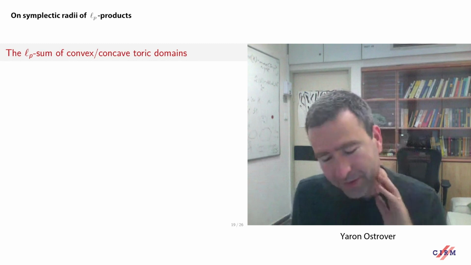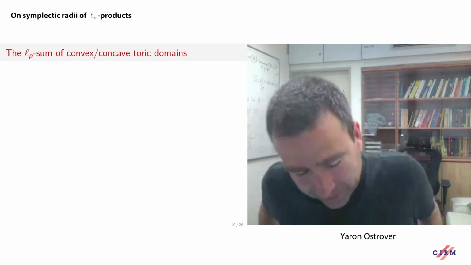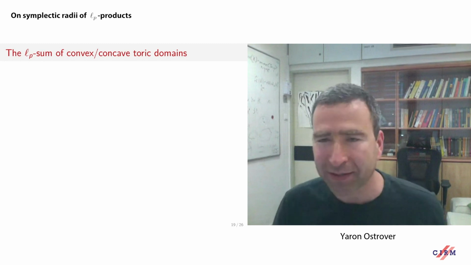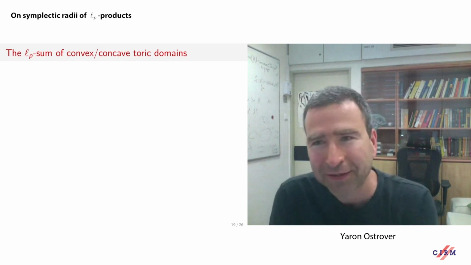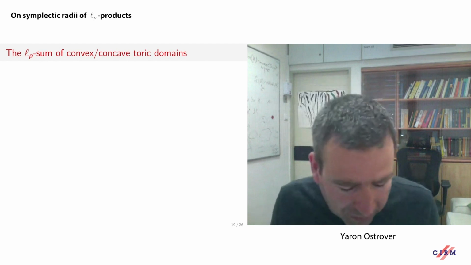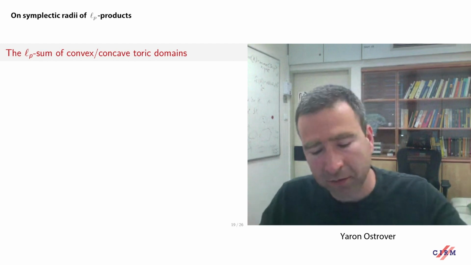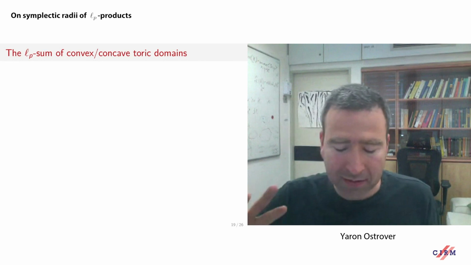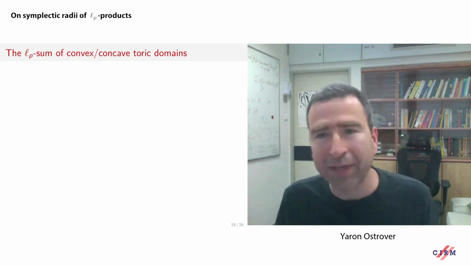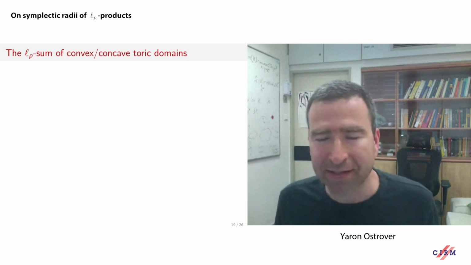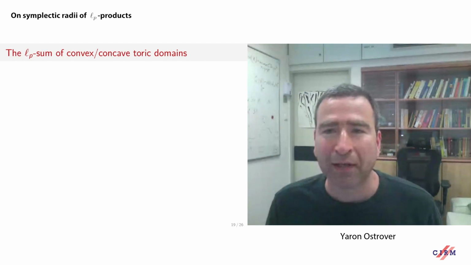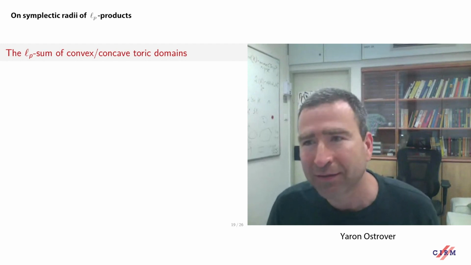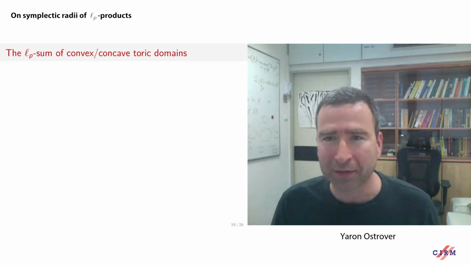I try to think about what is the analog of the John ellipsoid in the symplectic setting, and I have to say that I don't have a good answer. One can rephrase this question: if you fix the volume, you can ask what is the linear image of the domain that will maximize, say, the minimal action. And even for the cube, it's not completely clear.